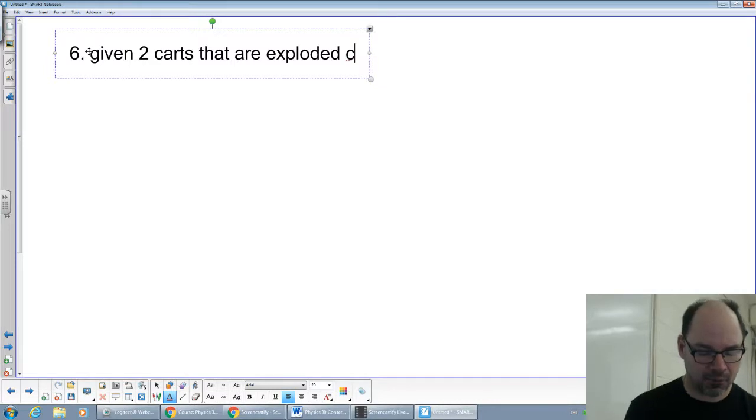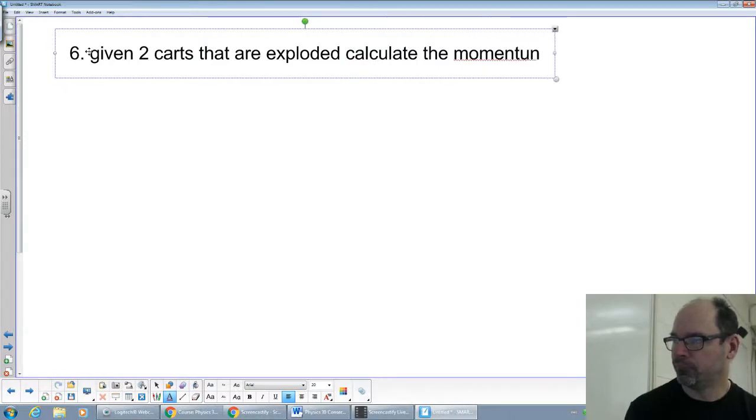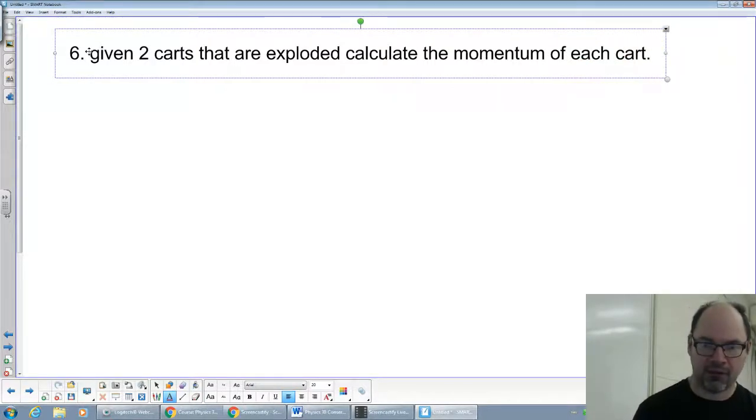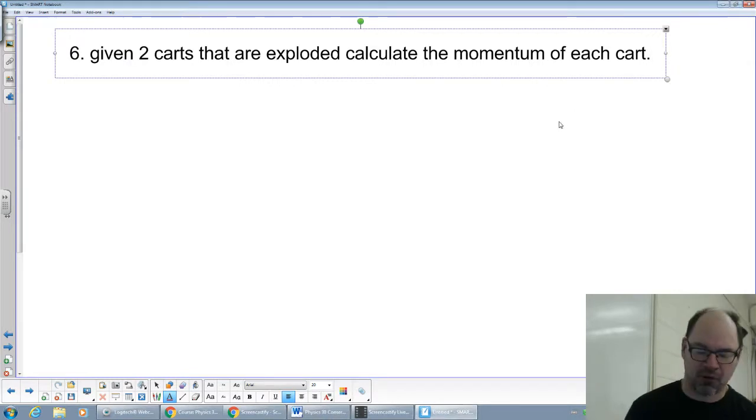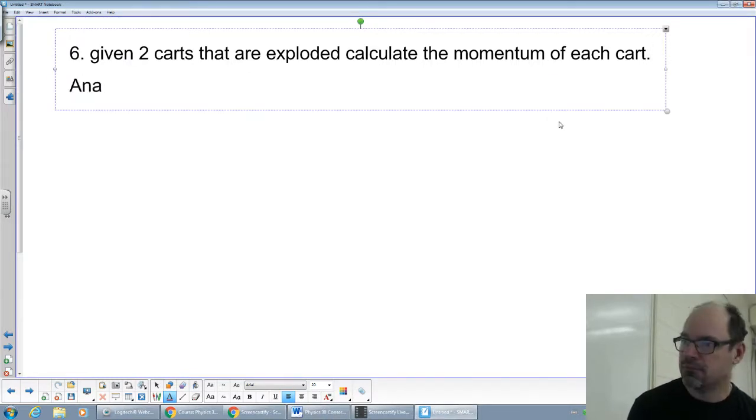You have to calculate the momentum of each cart, and then you have to see if they follow the law of conservation of momentum, and analyze to see if momentum is conserved.